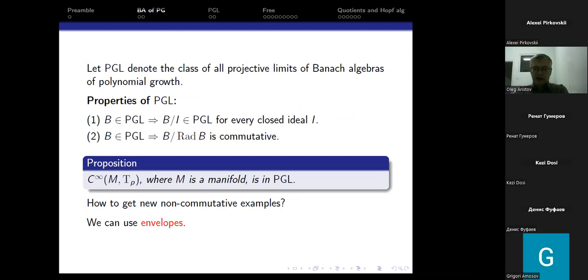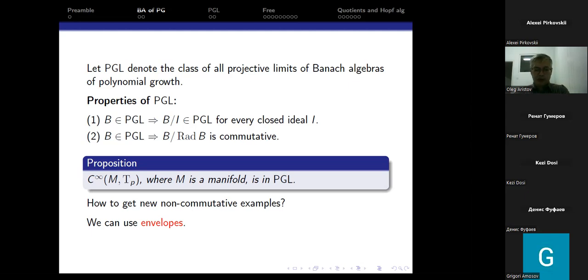So the next step is to consider the class of projective limits of Banach algebras of polynomial growth, PGL. And this class has similar properties, at least the first two. This class is stable under quotients over closed ideals, and every algebra in PGL is commutative modulo the radical.